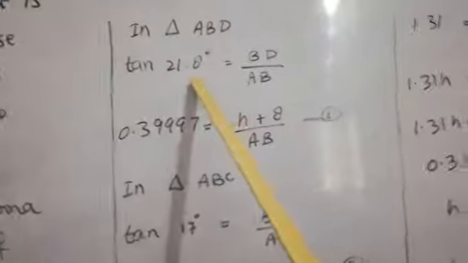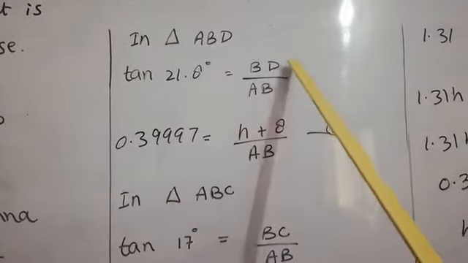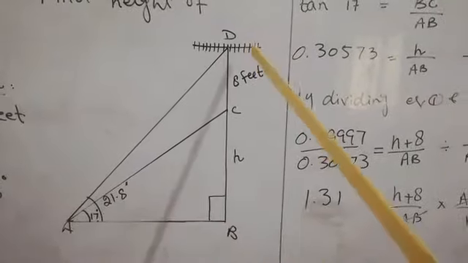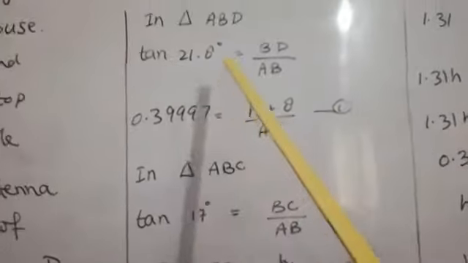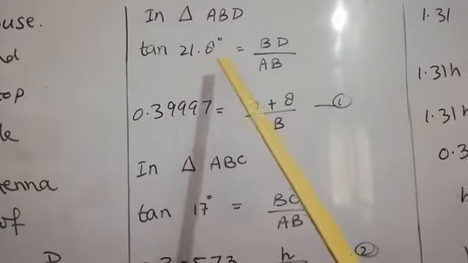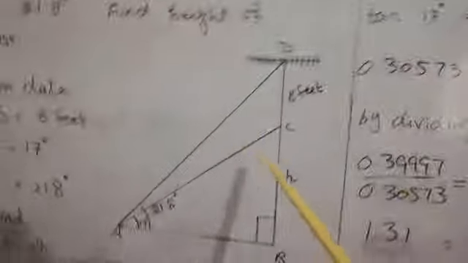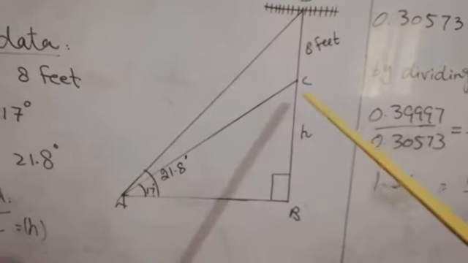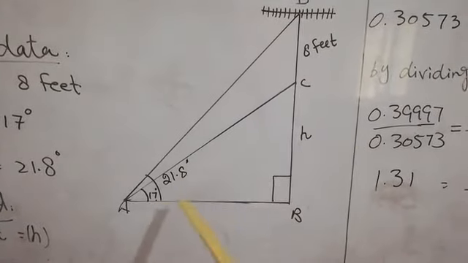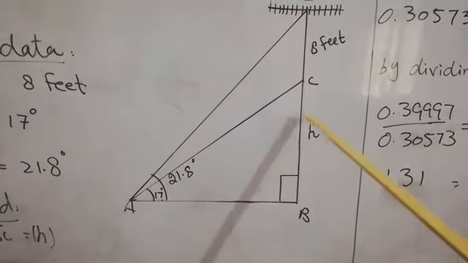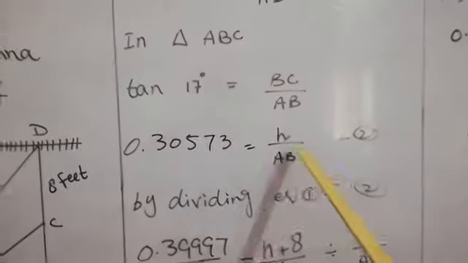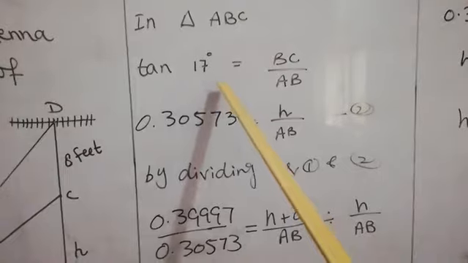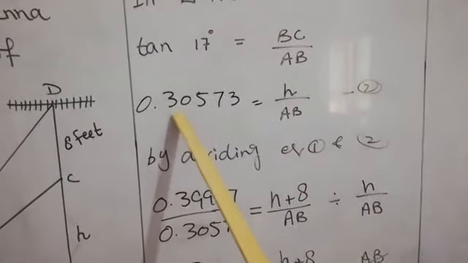So tan 21.8 is BD by AB, and BD is the combination of two things, 8 feet plus H. Put in and find the value of tan 21.8 from the calculator. Now consider triangle ABC, and we take tan 17, which will be equal to H by AB.